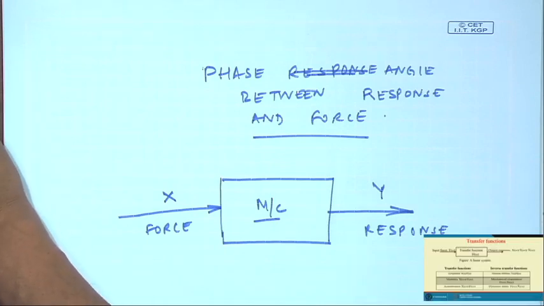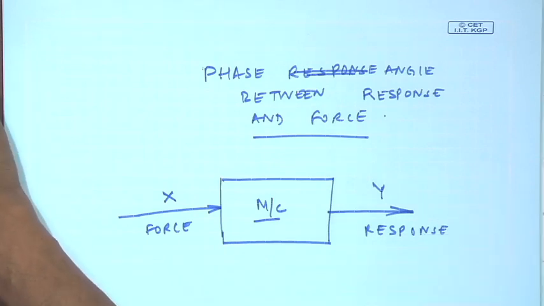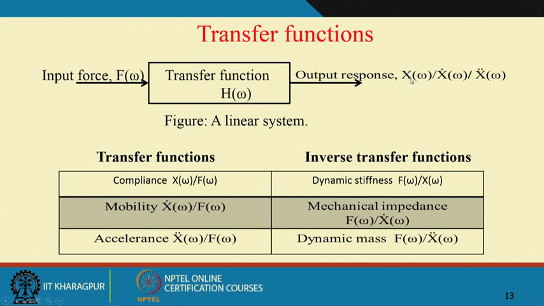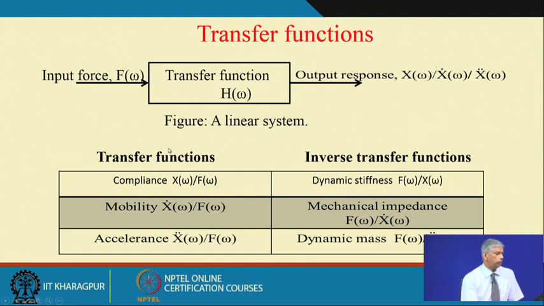So, there are certain names given to these ratios. The ratio could be in the form of x by force, which is displacement, or x dot by force, which is velocity, or x double dot by force, which is acceleration, with force as the input. So, in a linear system there are certain names given to these ratios, which are known as transfer functions in the frequency domain.